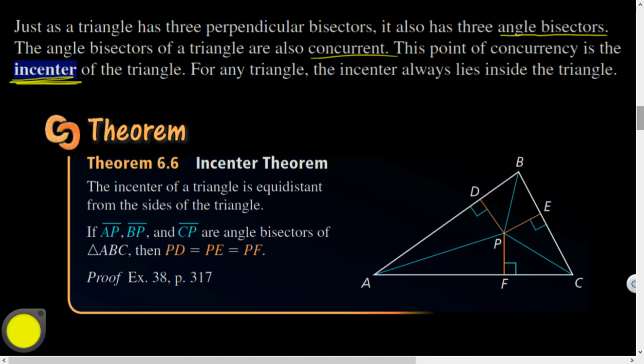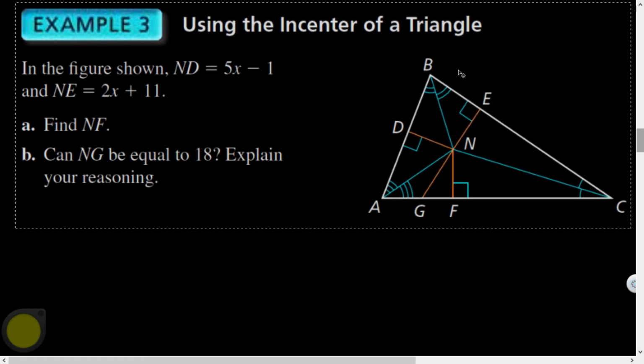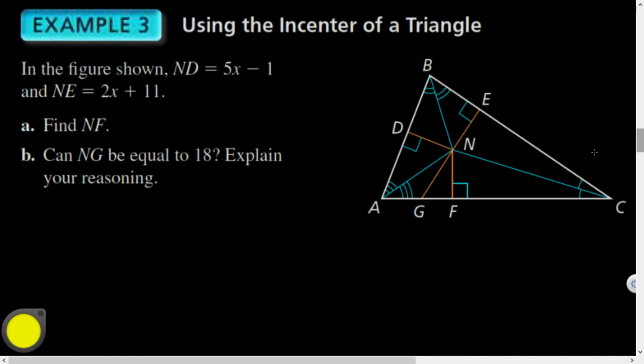Now, in terms of application, these problems are going to be pretty easy ones again. It's just a matter of knowing who's congruent to what. So here we go. It says in the figure shown, ND is equal to 5x minus 1, and NE is equal to 2x plus 11.